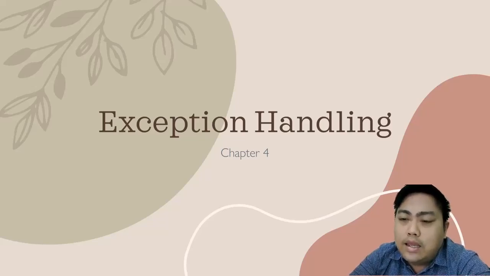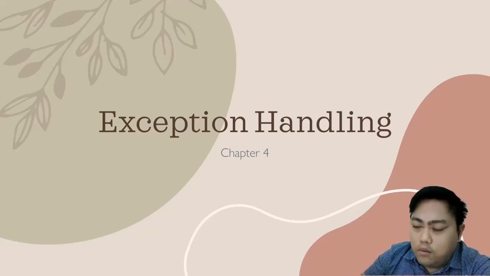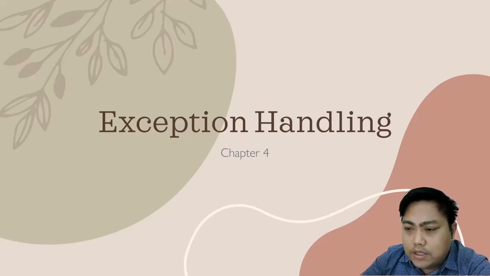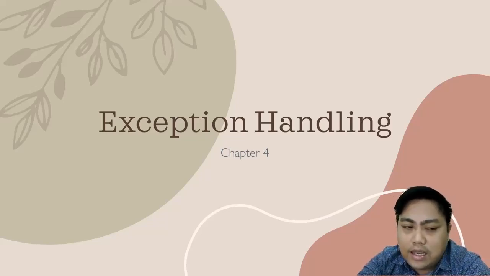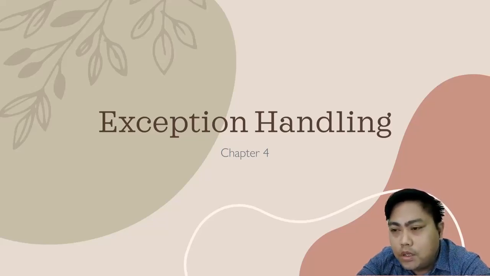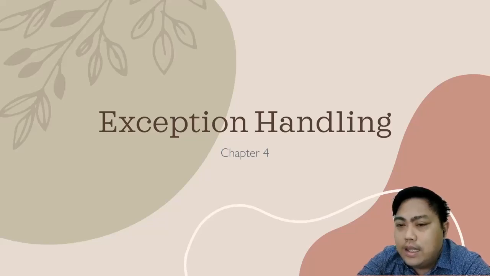So by using exception handling techniques, the developers can anticipate the possible errors and can take appropriate action to prevent the program failure. So in Java, exceptions are handled using the try and catch blocks, where the code that may throw an exception is enclosed in a try block. Then the corresponding error handling code is placed within the catch block.